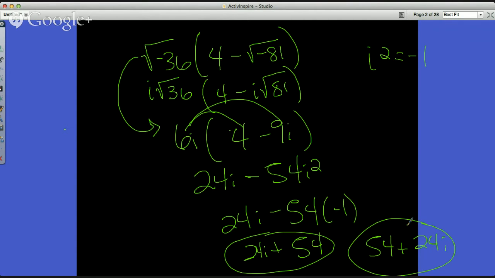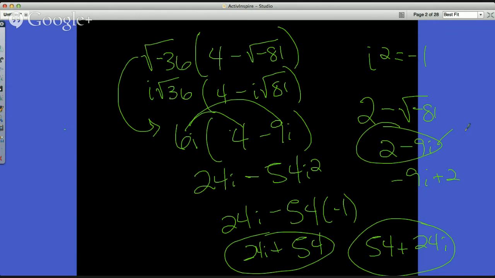If there is one, what I will say is, if I said 2 minus square root of negative 81, put that in standard form, then you know that this would be 2 minus 9i and not negative 9i plus 2, right? So this would be correct over this. Because remember, the whole number always comes first with the i following, okay?